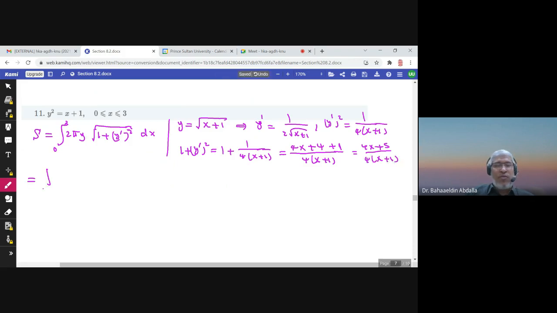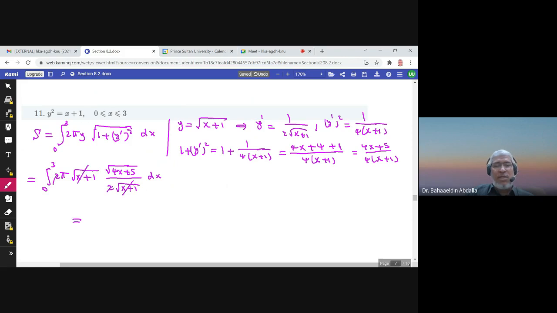So the surface area would be from 0 to 3 to pi. And now y, I have to write it as a function of x. So it's square root of x plus 1, times the square root of 1 plus y prime square, which is square root of 4x plus 5 over square root of 4 is 2 times the square root of x plus 1. Cancel, cancel.